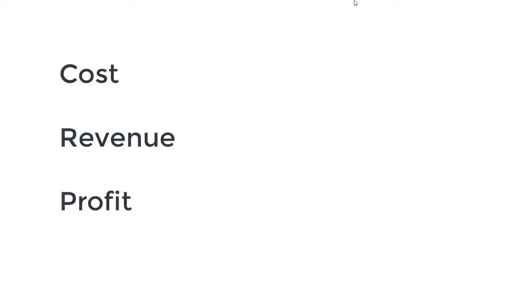Anytime you're leading a business, these three fundamental concepts are always there and extremely sequentially connected with each other. Let's say you're a producer or you're about to start a business.